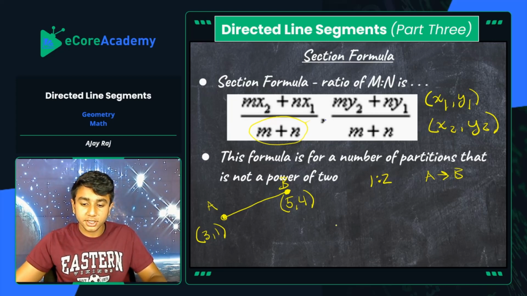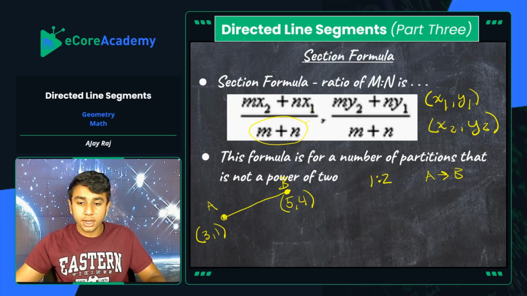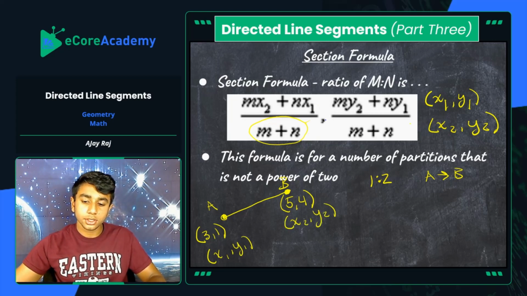Let's plug these values into the equation. So we're going to take our m, x2 and x1. So let's make this our x1, y1 pair, and we're going to make this our x2, y2 pair as well. So let's plug that into our equation. We have our m value here and our n value here.